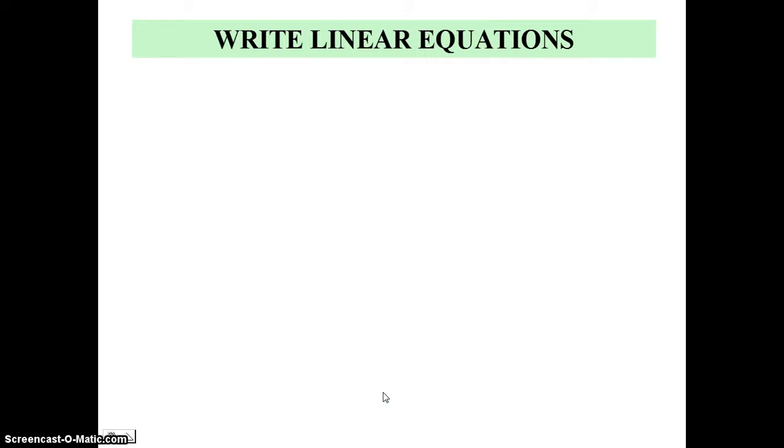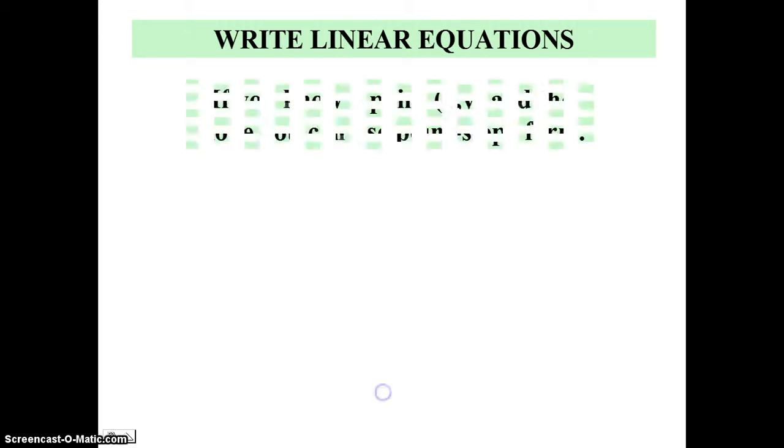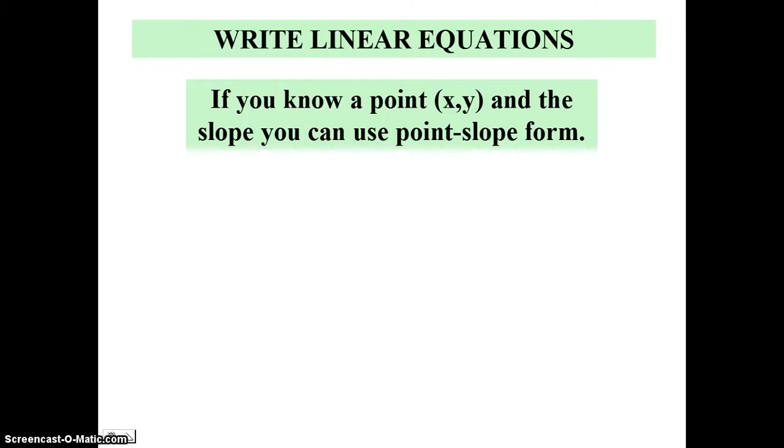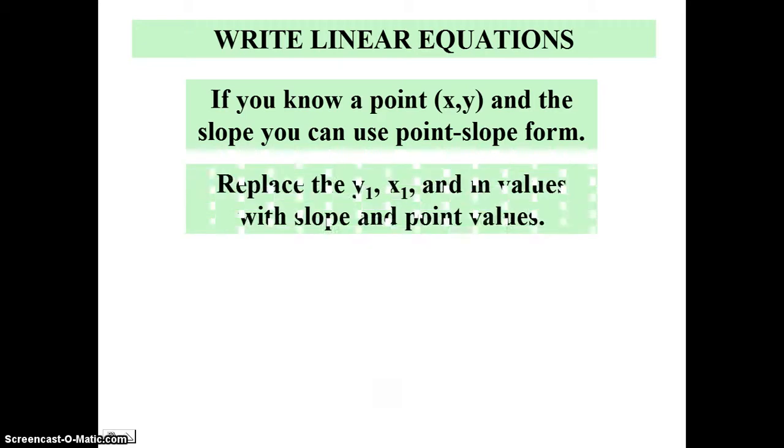Okay, we're also going to be writing linear equations. So we'll be taking what we did. 2.3 is all about finding rate of change from various word problems or just from graphs. And we're going to use that to write linear equations. If you know a point and you know the slope, you can use what is called point-slope form.